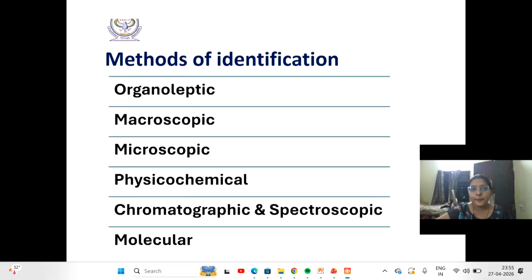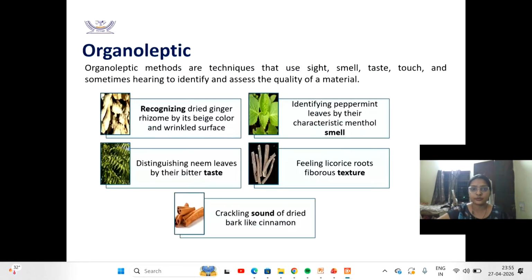So, what are the main methods you are going to see in identification? They can be organoleptic, macroscopic, microscopic, physicochemical, chromatographic, spectroscopic, and molecular.